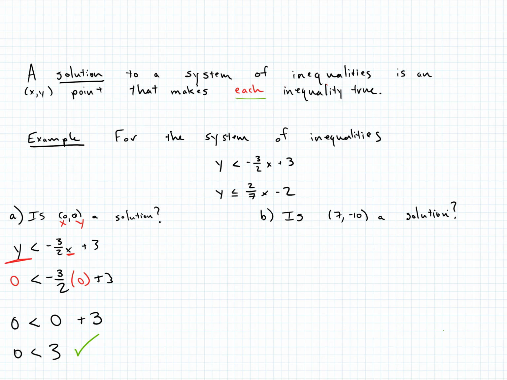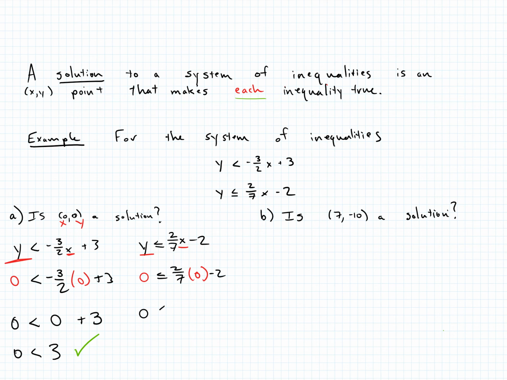So that means we also need to check the second one. y less than or equal to 2 over 7 x minus 2. Let's plug in 0 and 0 for x and y. So it becomes 0 less than or equal to 2 over 7 times 0 subtract 2.